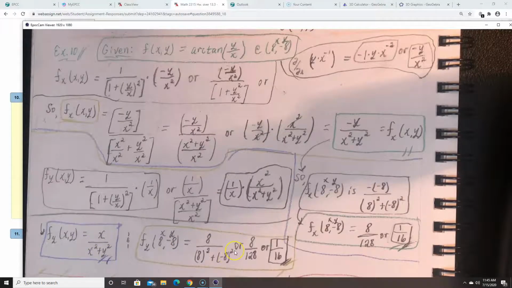So you put negative 8 squared plus the x squared value. Compute 8 in the numerator. 8 squared is 64. Negative 8 squared is also 64. 64 plus 64 is 128. Reduce it, and there's that same answer again. 1 over 16.